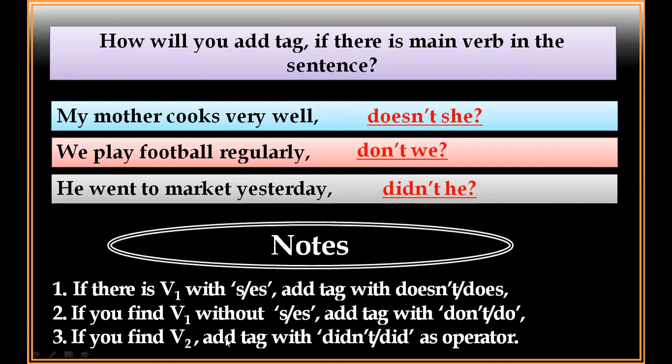And if you find V2, that means the past form of the verb, then the tag question will be didn't or did. If it is affirmative, then it will be didn't. If it is negative, then it will be did. Okay, we understood.